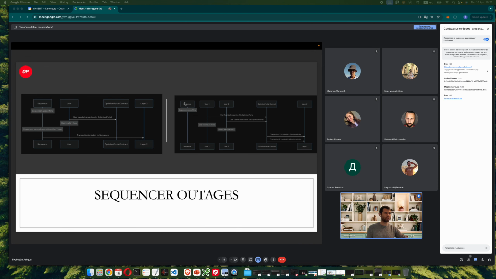So if the sequencer is completely out, then transactions will be executed with a 24 hour delay. And if the sequencer comes back after some period of time, it will directly take the transactions from the Optimism portal contract and move them to layer 2 and confirm them.